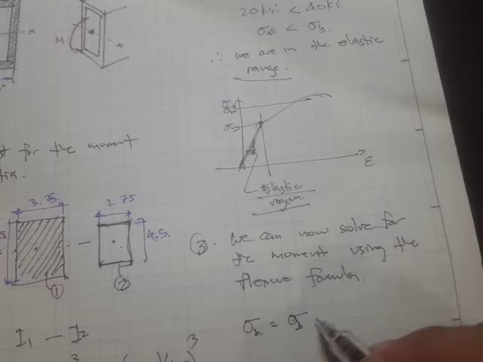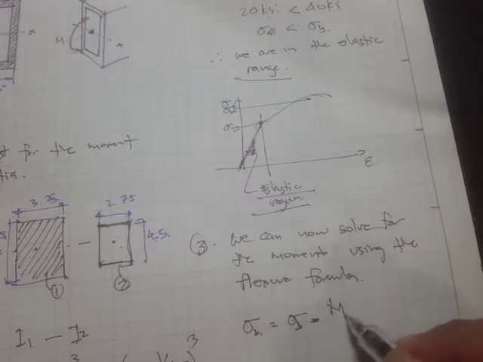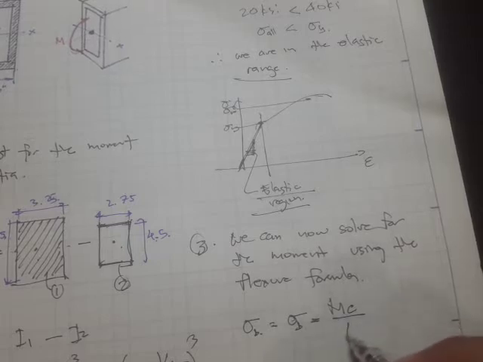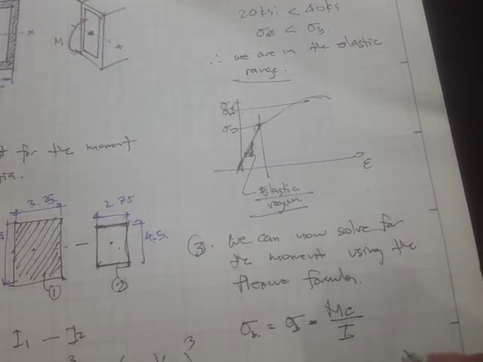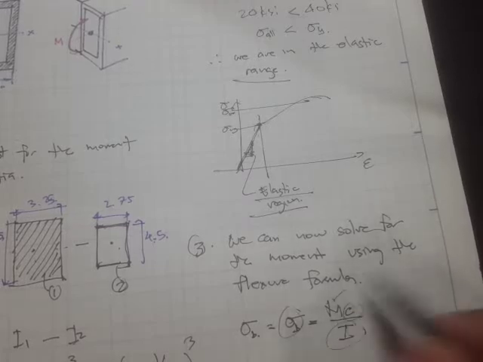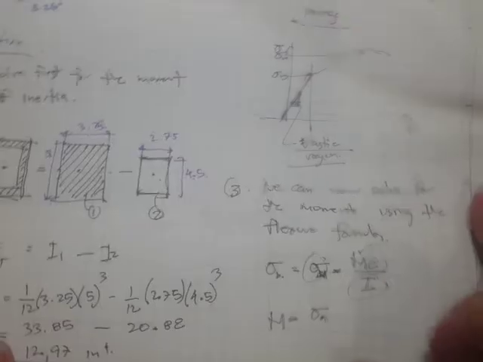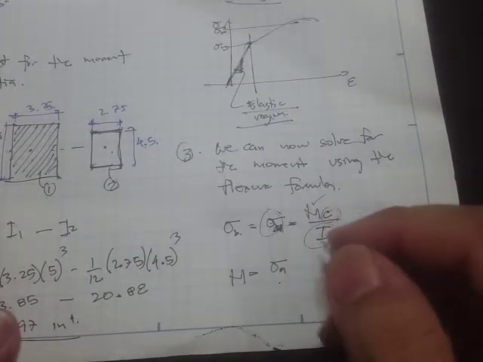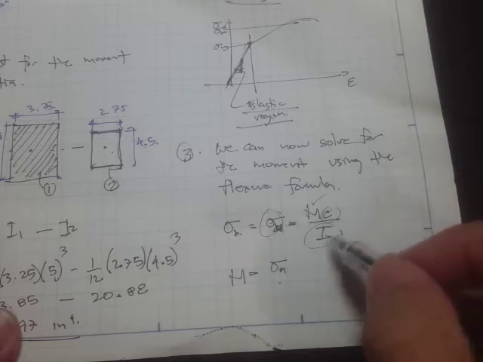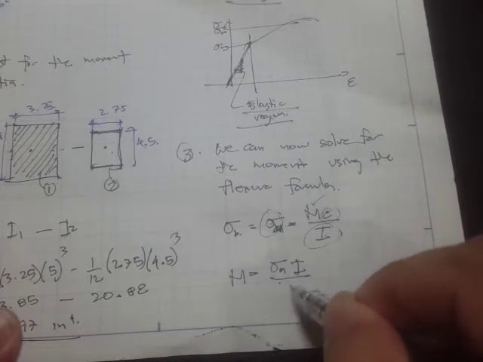That's the working stress, and this is Mc over I. We have I, we have c, so we can solve for M. So M is just, sorry, this must be sigma allowable, sigma allowable times I divided by c.